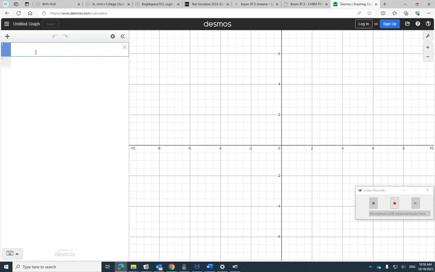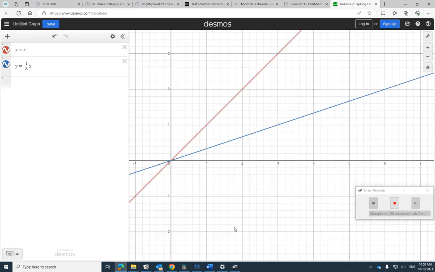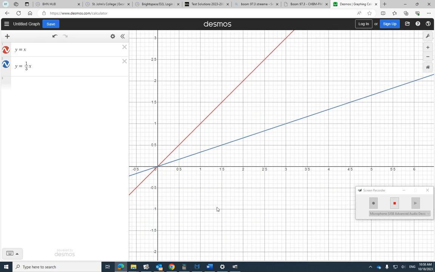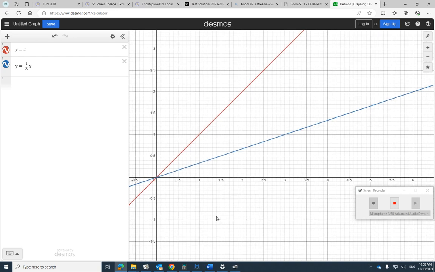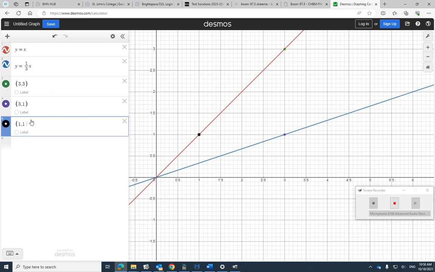Y equals x. Yes? Y equals 1/3 x. Let's just zoom in here and see what's happened. Is the blue line, stay with me here, because it's a trick question.